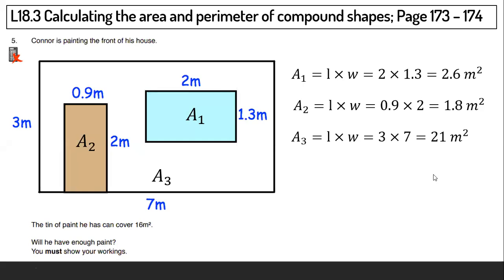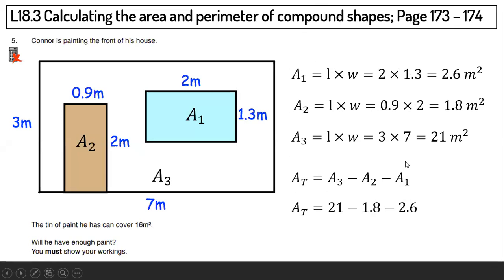Will you paint them? So it will be 21 minus 2.6 and minus 1.8. Area 3 minus area 2 minus area 1, which means it will give me a total area of 16.6.